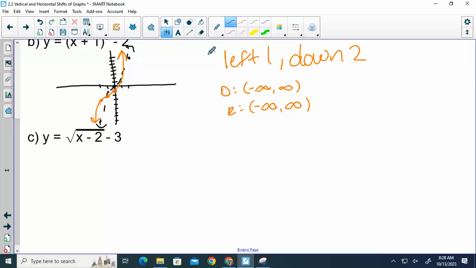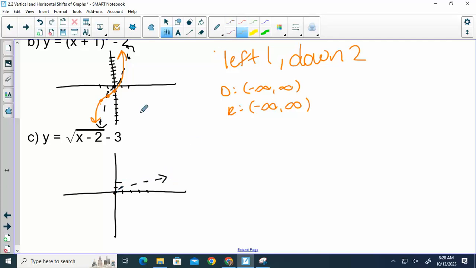C, square root function. What does it look like? Square root of 0 is 0. Square root of 1 is 1. Square root of 4 is 2. You can't put in negatives, so it looks like this.